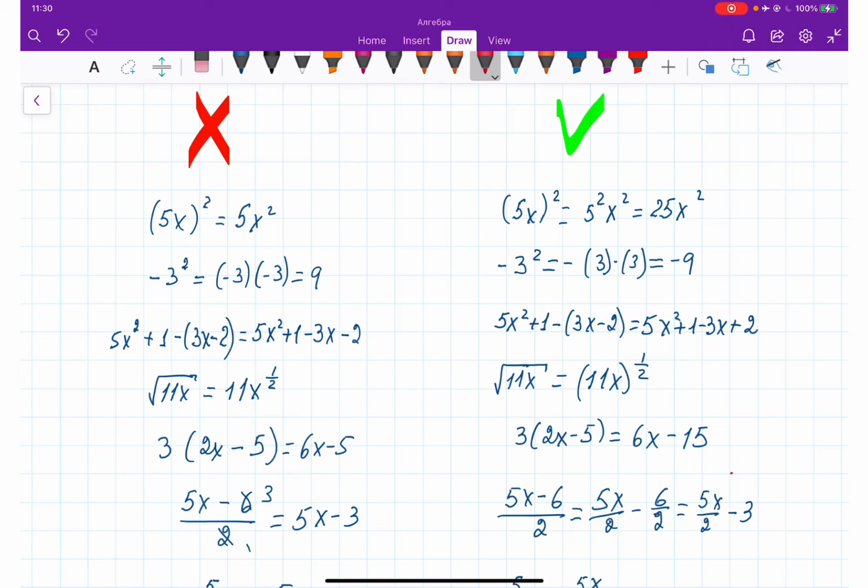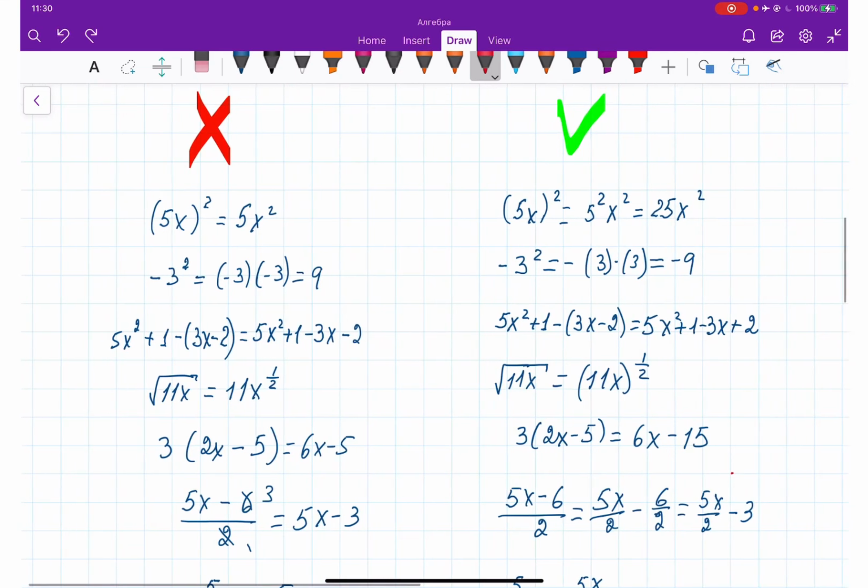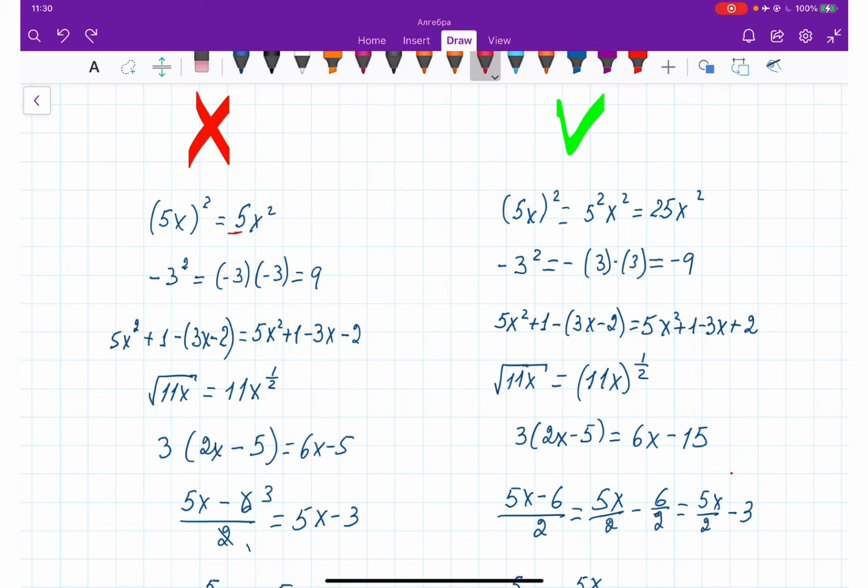When we are squaring a term like 5x, we have to square every single element in that term, meaning 5 squared, x squared, and as a result we will get 25x squared. Instead, they leave 5 without raising it to the power, and they raise to the power only x.